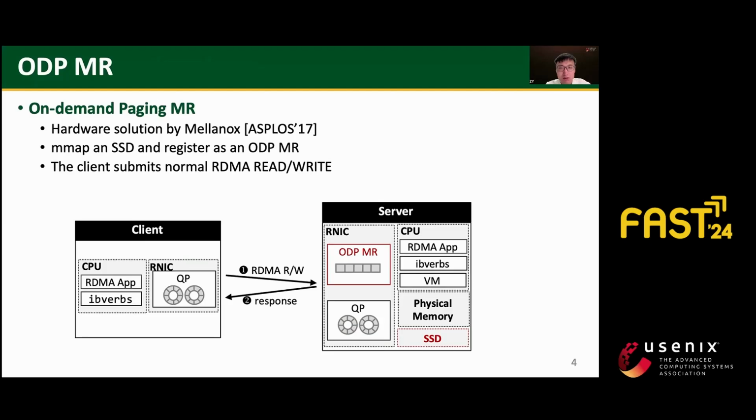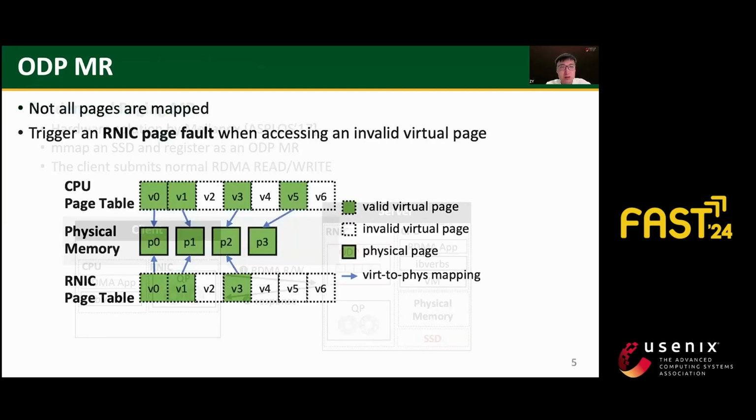Let's see what happens on the server side. The slide shows the RNIC page table of ODP-MR and compares it with a CPU page table. The biggest difference between an ODP-MR and a normal MR is that it does not pin all the pages in the physical memory.